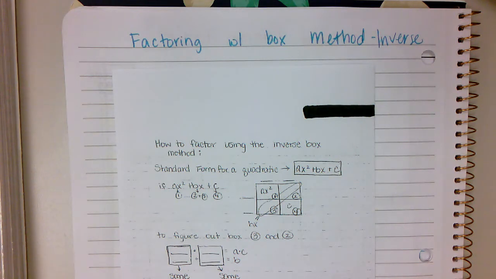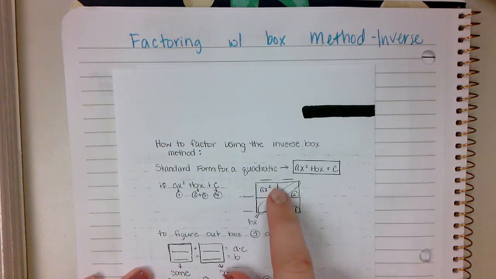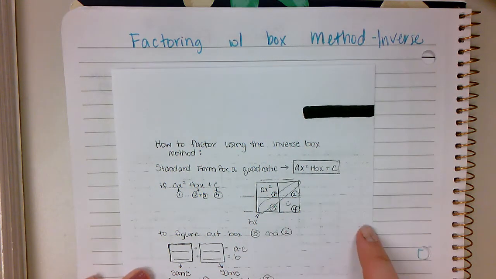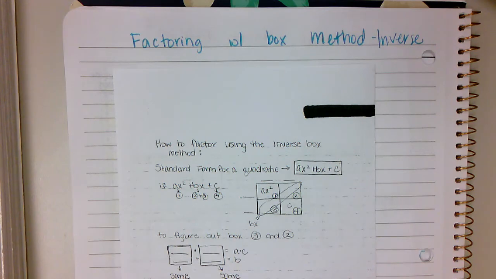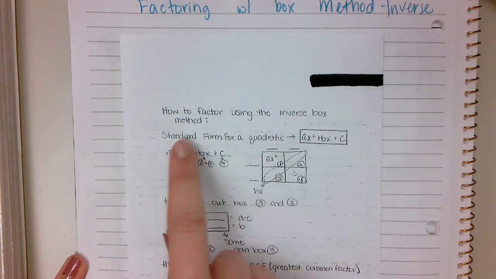If you remember, factoring at all, you either FOILed or you used the box method, where polynomials were given to you in their own parentheses, and you would use that box method to figure out what happens when I multiply the first terms and then the outside terms and the inside terms, and you would organize everything in a box and take what was inside the box, and that would be your answer. Well, what we're going to do is figure out how to do that backwards. So we're going to factor using the inverse box method.